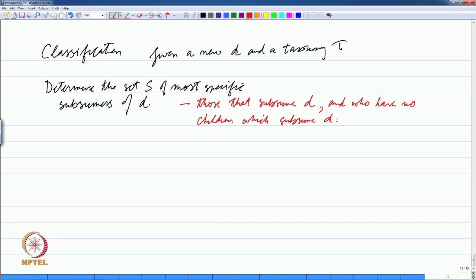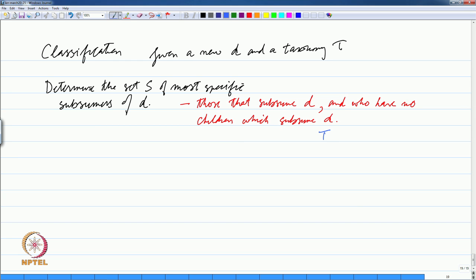You can say it more formally, but I will just leave it at this here essentially. So, let us say this is our taxonomy.